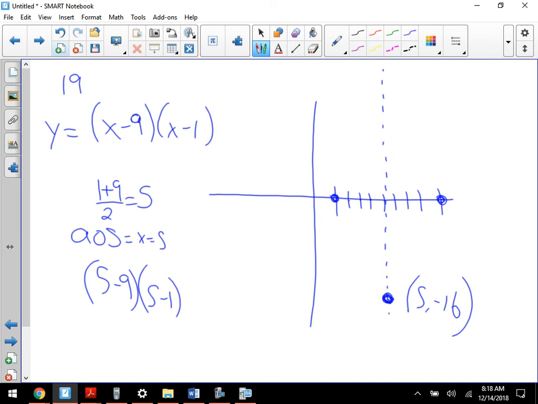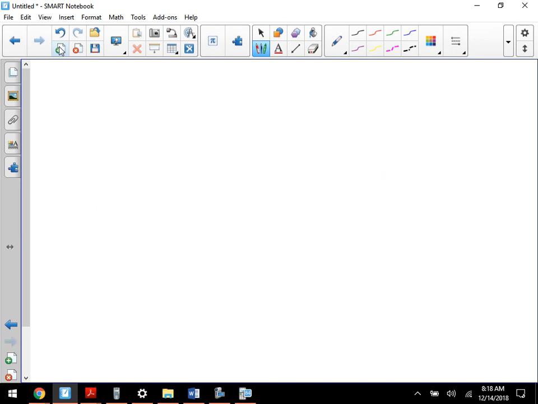Now, on the other hand, if you go through on number 20, this is almost in that vertex form. Remember we did vertex form?